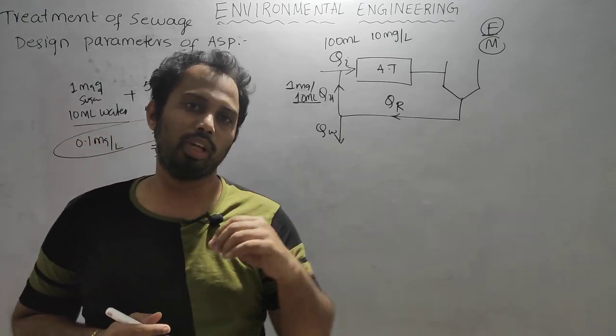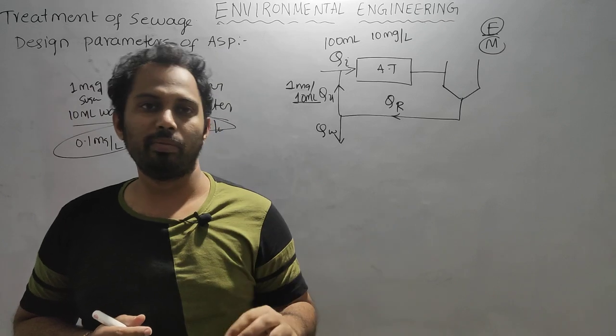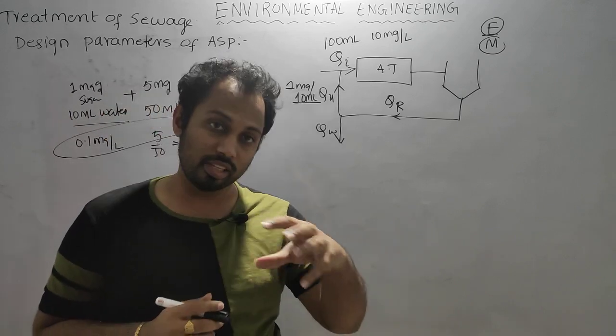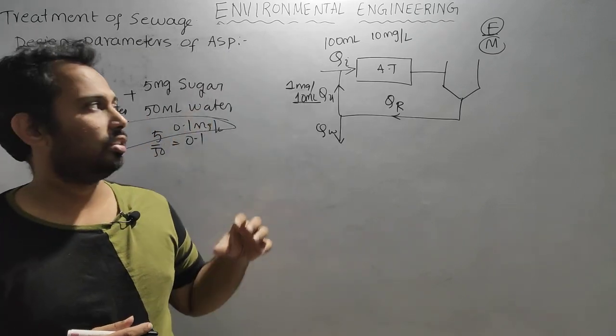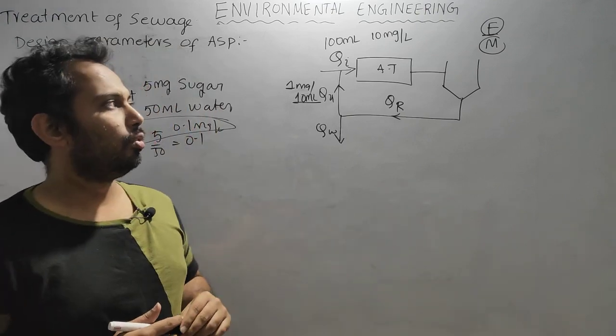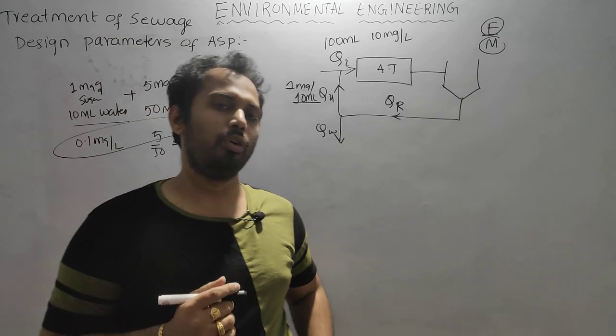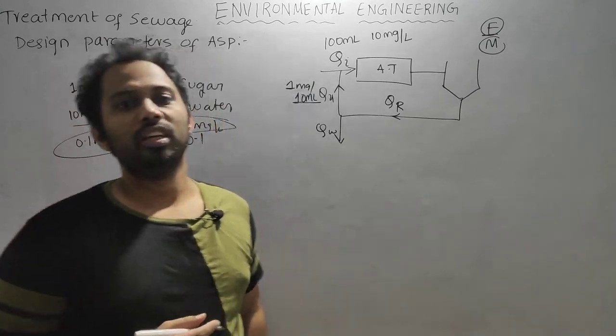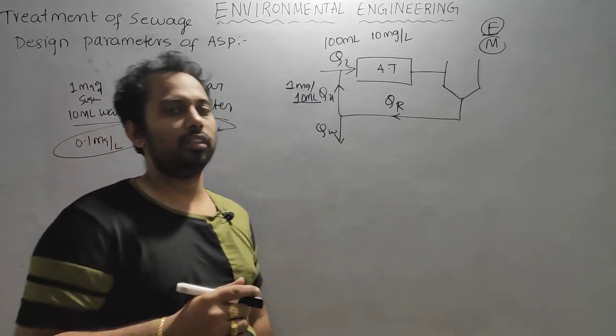As long as you keep the food to microorganism ratio constant, more or less the same value, the system will run in the same manner, in an equilibrium. If you disturb the food to microorganism ratio, then the equilibrium of the system will be disturbed.